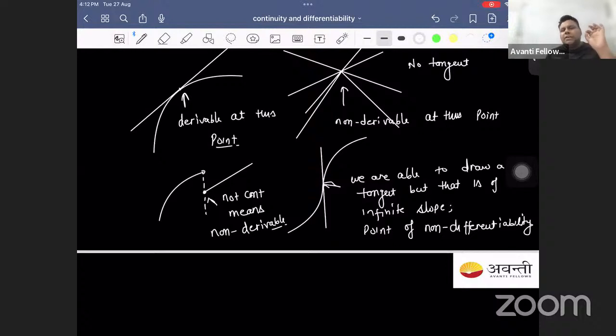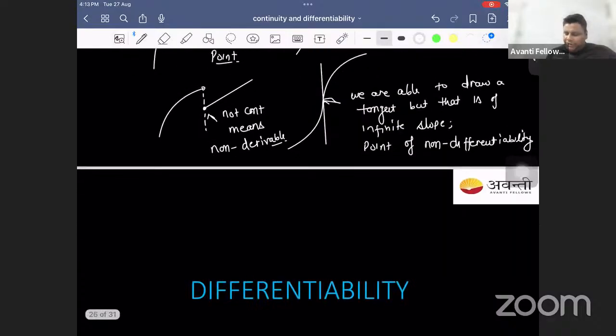The simple meaning of differentiability is that if on a curve at a given point you are able to draw a tangent having finite slope, we call that point a point of differentiability.